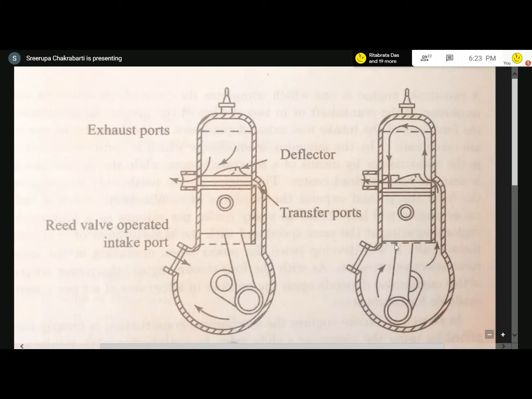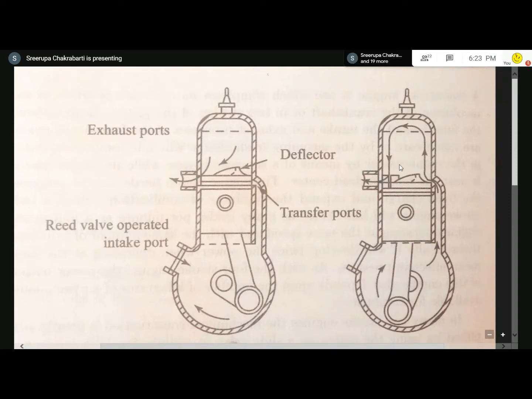Now, when it occupies this region, the piston is actually moving upward. It is covering the transfer port, and it is also covering the exhaust port. And suppose the piston body has moved upward to such an extent that it has crossed the transfer port and the exhaust port also. Right?